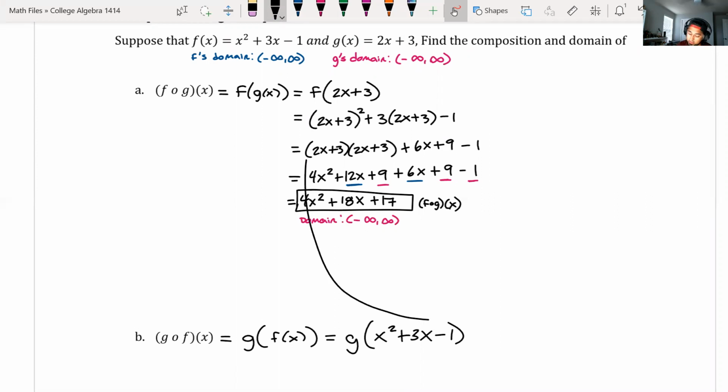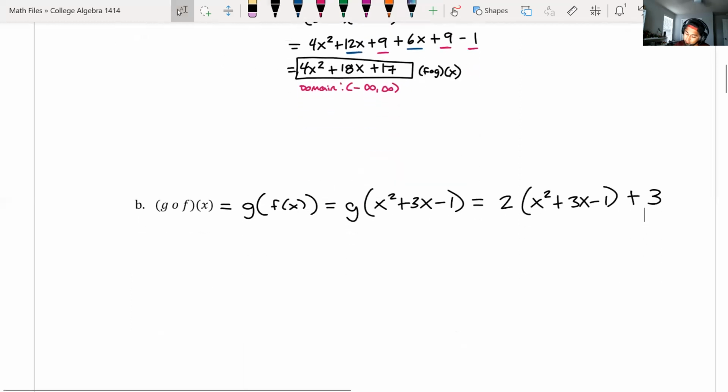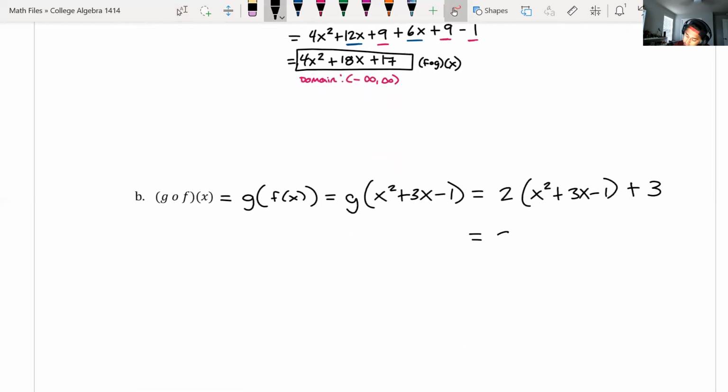And again, all of this is now going to go into function g for every x. So we are going to get 2 times (x squared plus 3x minus 1) plus 3. All we have left to do is simplify. So this becomes 2x squared plus 6x minus 2 plus 3. And then simplify: 2x squared plus 6x plus 1.